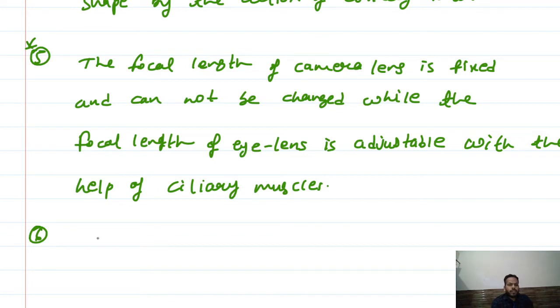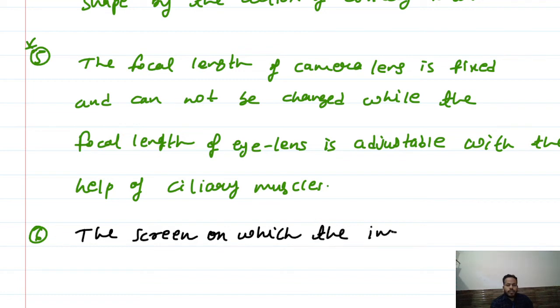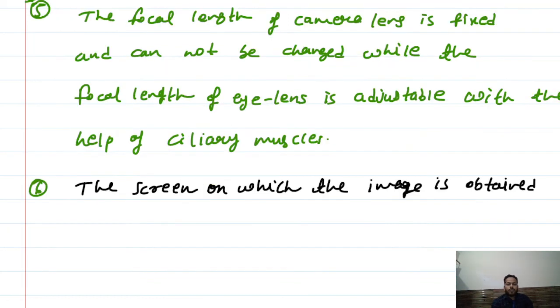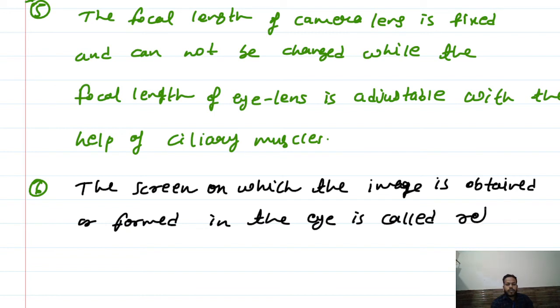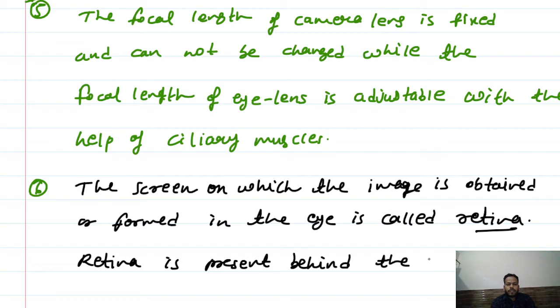So you can write down this point first: the screen on which the image is obtained or formed in the eye is called retina. Retina is present behind the eye lens.